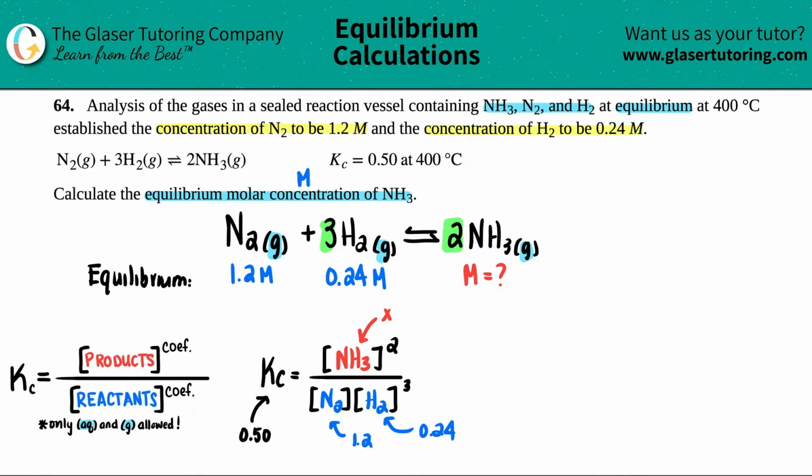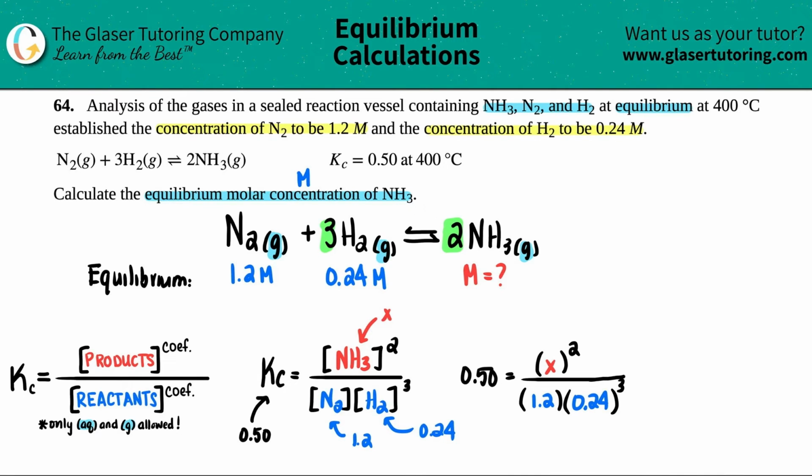So let's just plug in the numbers and solve. 0.50 equals x squared, divided by 1.2 times 0.24, and that's cubed.